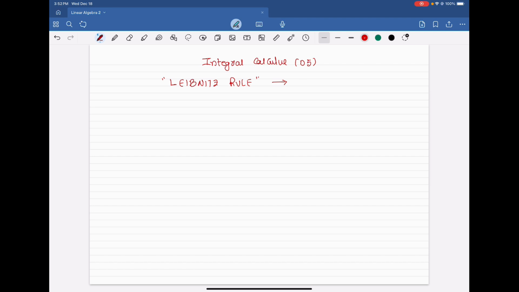In total, the Leibniz rule discusses the differentiation of an integral function.